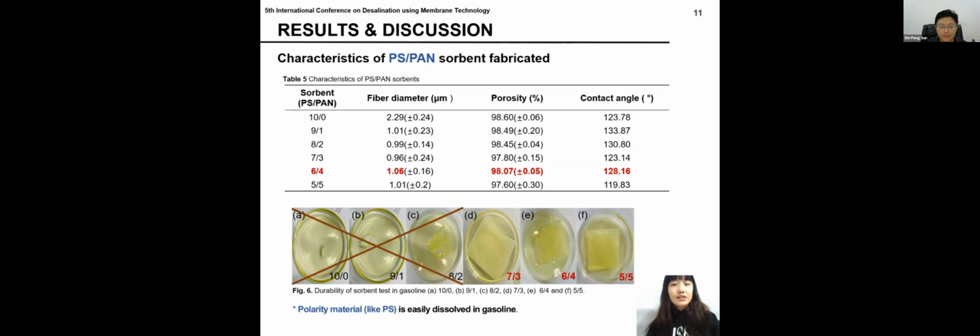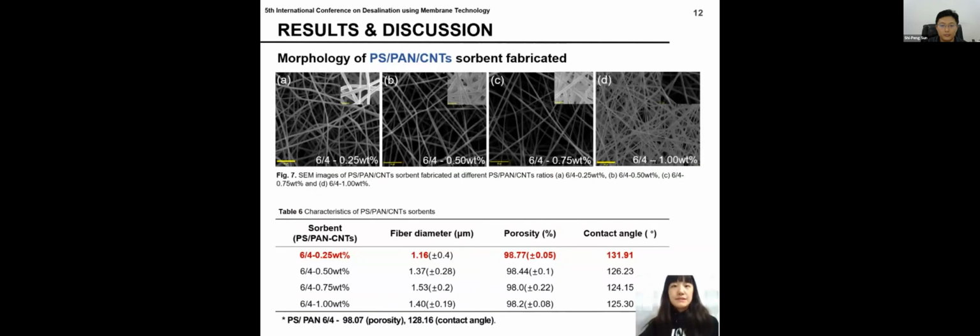Therefore, in this study, 6 to 4 of PS-PAN was selected as the optimal condition due to the highest porosity and contact angle in the range where the sorbent is well maintained in gasoline. PS-PAN CNT sorbent was fabricated by mixing CNT of 0.25, 0.5, 0.75, and 1 weight% to PS-PAN 6 to 4.